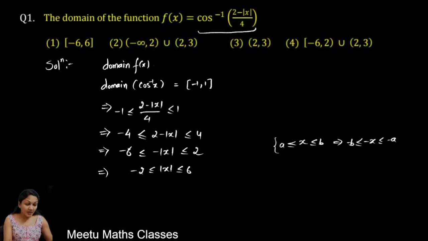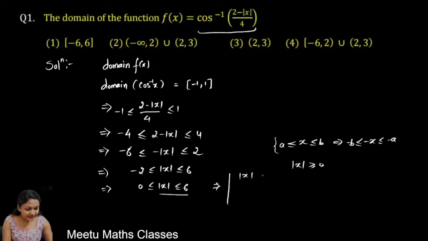But we know that the modulus of anything is always greater than or equal to 0. So now consider |x| less than or equal to 6.